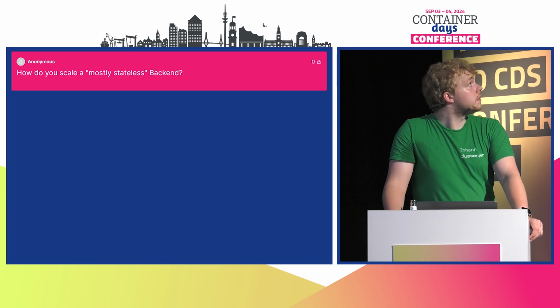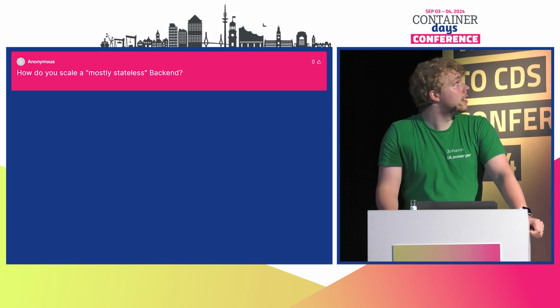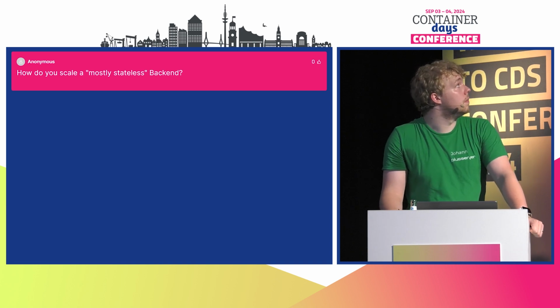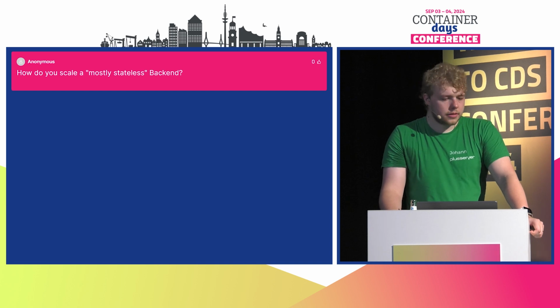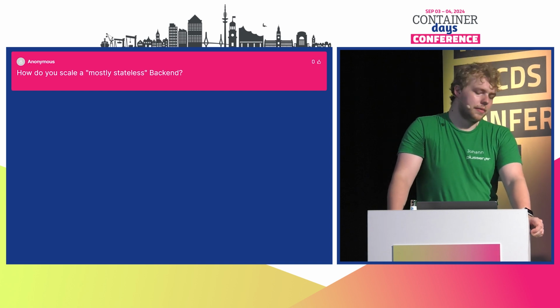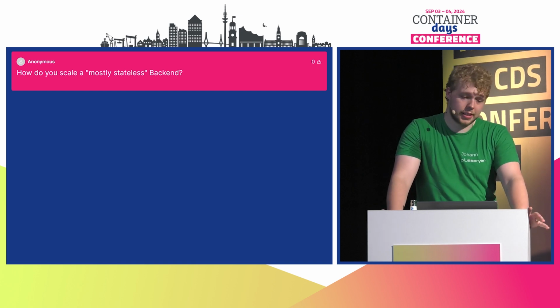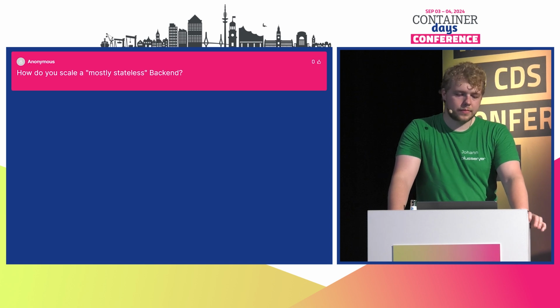And the last question is, how do you scale a mostly stateless, in quotes, mostly stateless backend? I don't think I quite understand the question. I think they're referencing the fact that there is state. Yeah, of course there is state within the database, because you need to keep track of what projects and clusters the customer has.